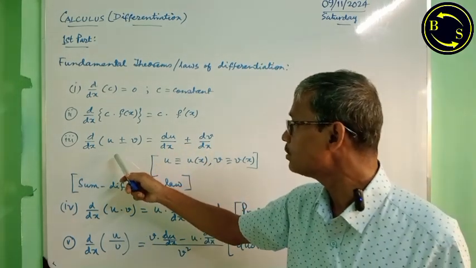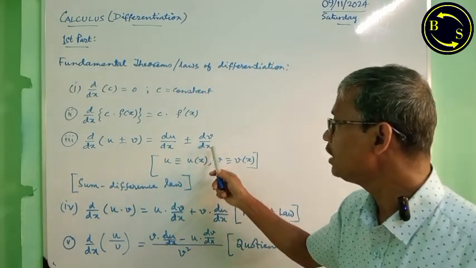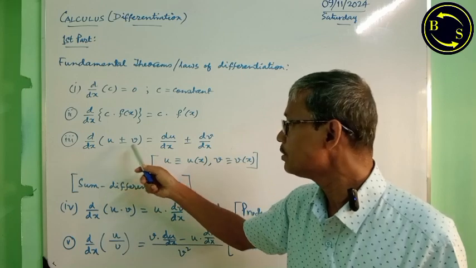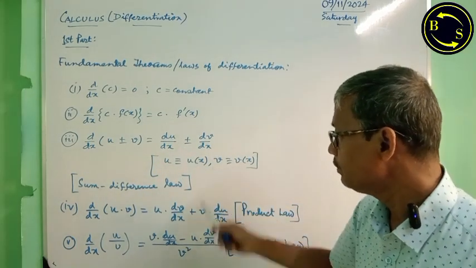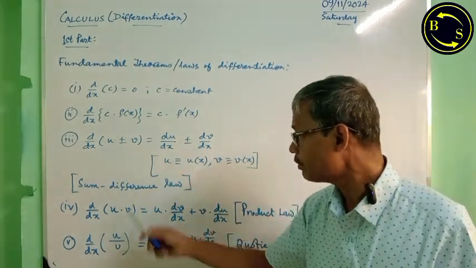That means in case of plus, it will be du/dx plus dv/dx, and in case of minus, it will be du/dx minus dv/dx. This is the sum difference formula.